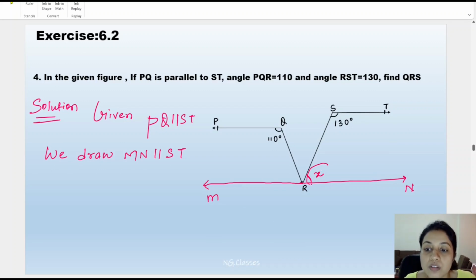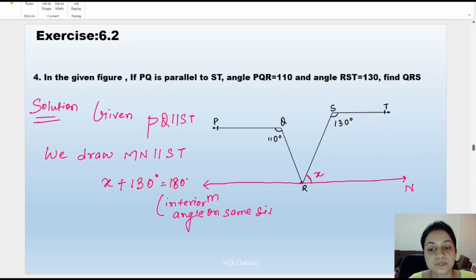I'm talking about the sum of this angle and this angle being 180 degrees. Why? Because they are interior angles on the same side, right? Let's write it. So from here we got X is equal to 50 degrees.